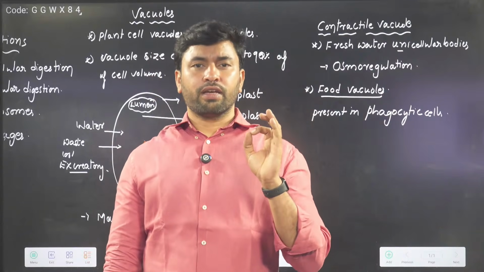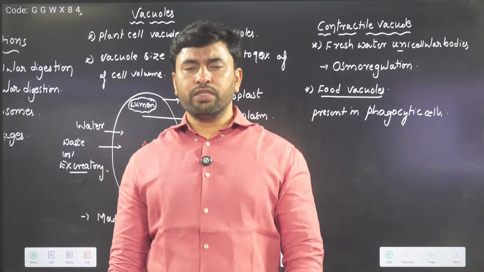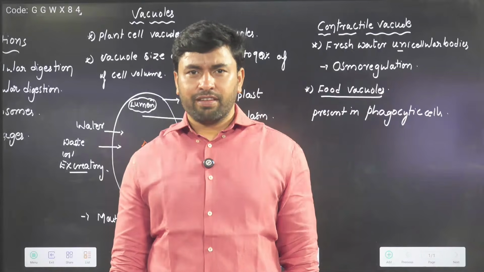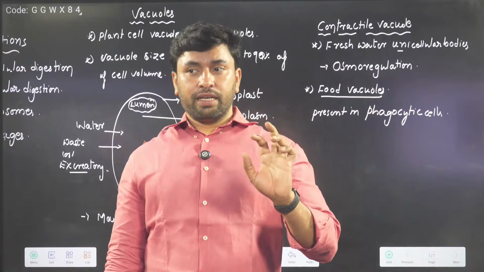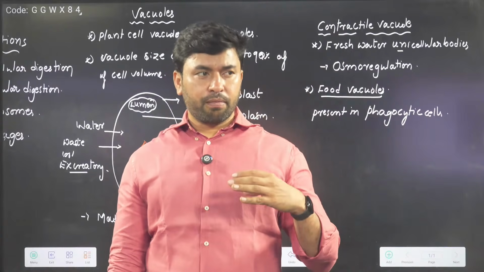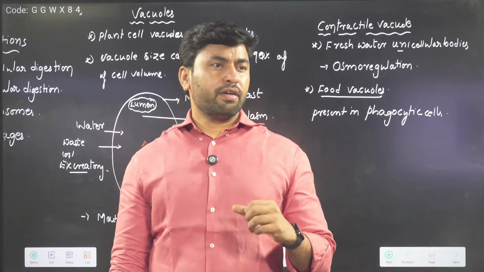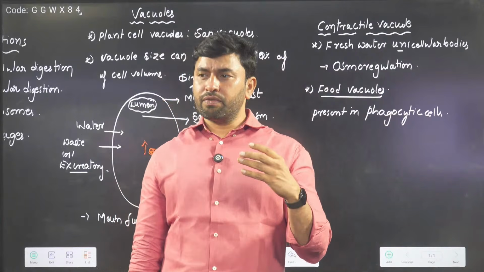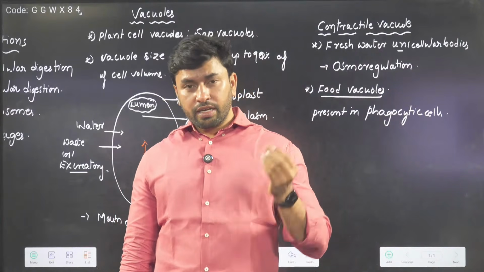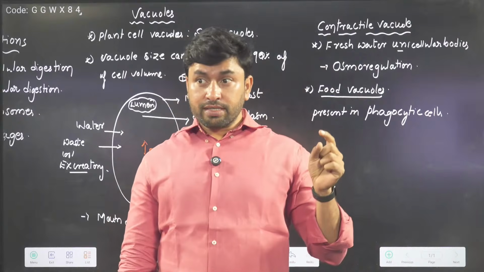First one, gas vacuole. Tell me, where do you see gas vacuole? Yes, we have seen them in photosynthetic bacteria. What is the purpose? Buoyancy. They help float the photosynthetic bacteria on the surface of water. Excellent. Next one, sap vacuole.